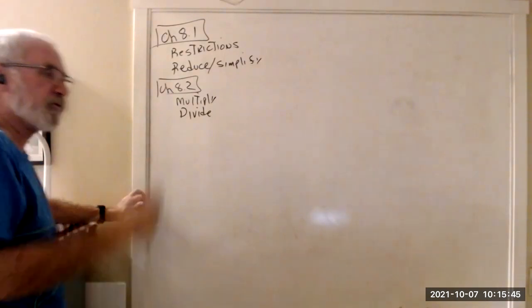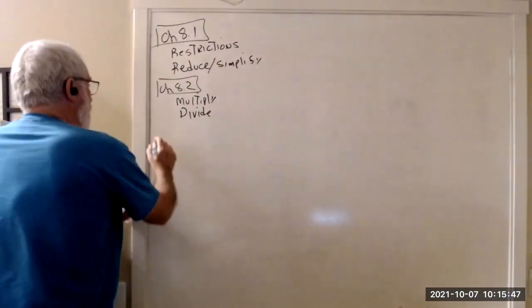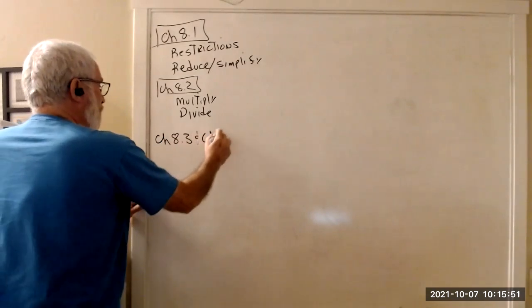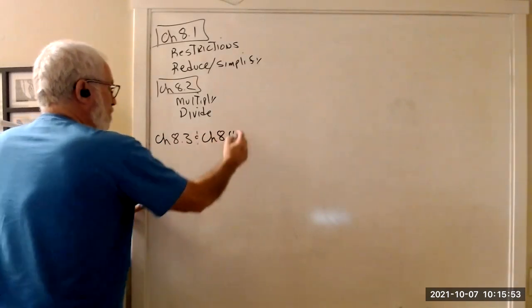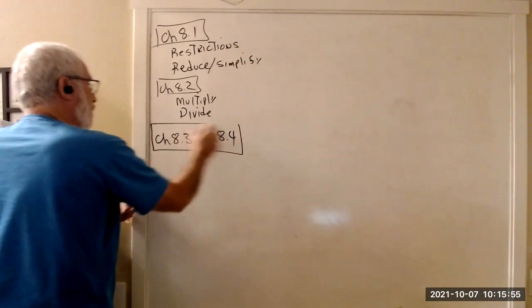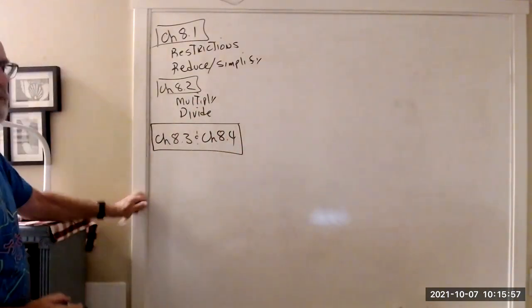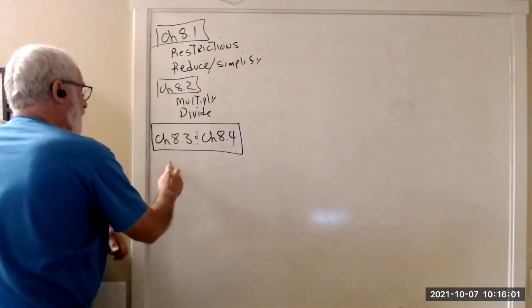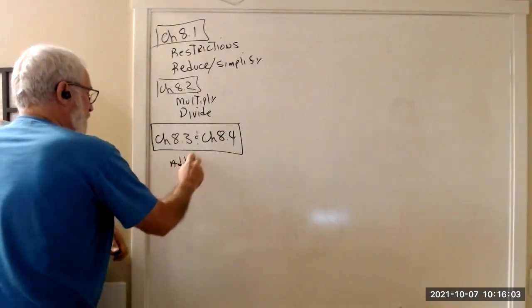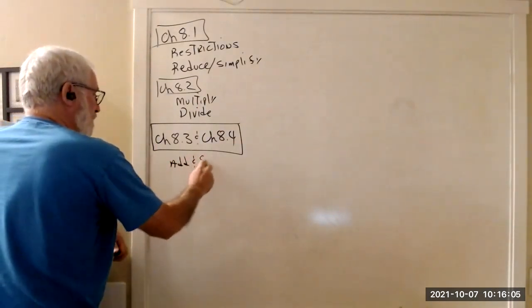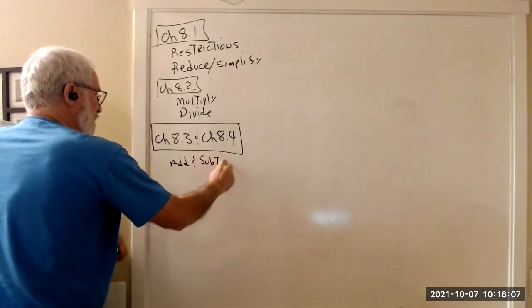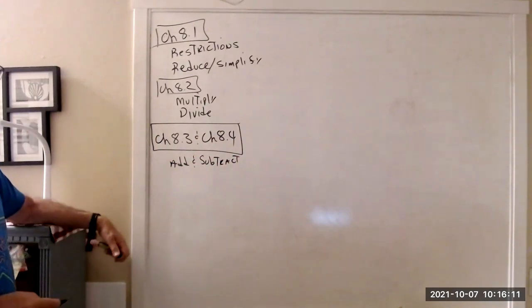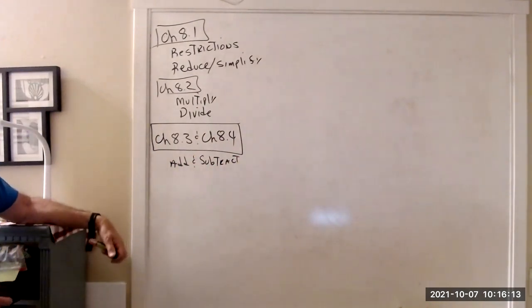So what's left? Add and subtract. And that's chapter 8.3 and chapter 8.4. And then, of course, word problems and equations and stuff like that. So in chapter 8.3 and 8.4, we talked about add and subtract fractions. Remember, all of this is all about fractions.